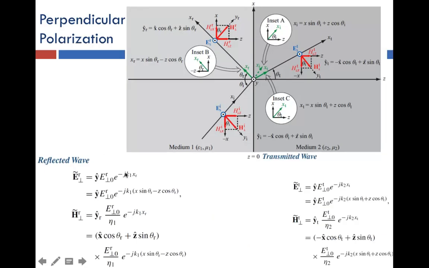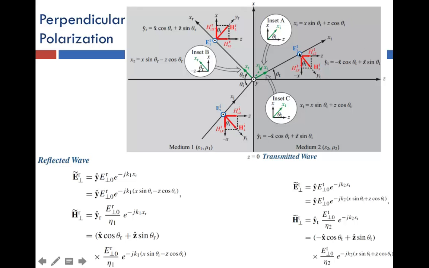All right, now looking at the reflected wave, basically it is the same thing, only the angle changes, and as you know, the H field has to flip in order to satisfy the vector direction of K cross E. And then the transmitted wave, the same thing.